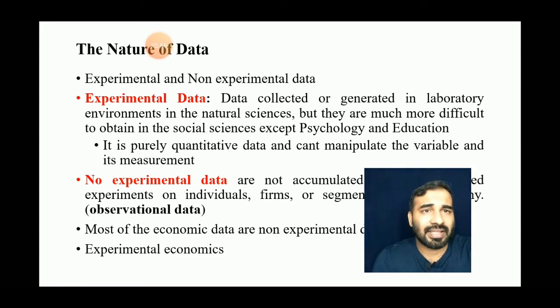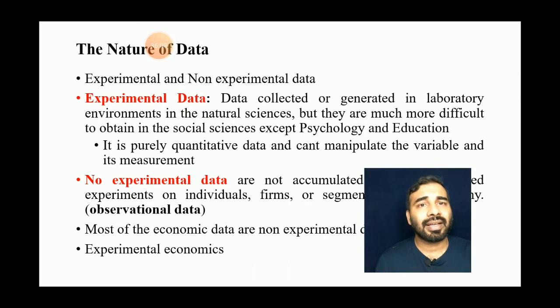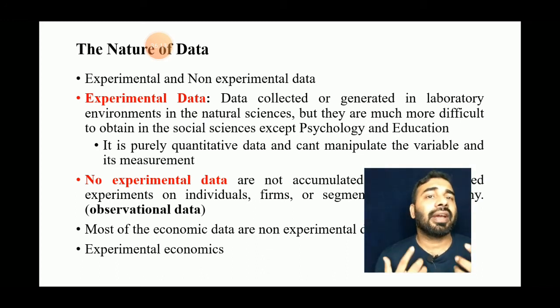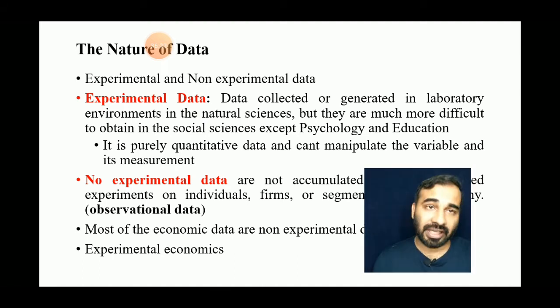Experimental data means the data collected or generated in a laboratory environment in the natural sciences. So in purely natural or environmental science, they are generating certain variables using some laboratory experiments. Okay, this is the experimental data.